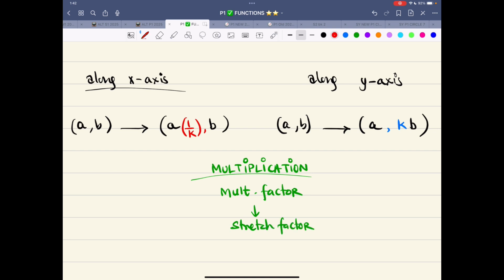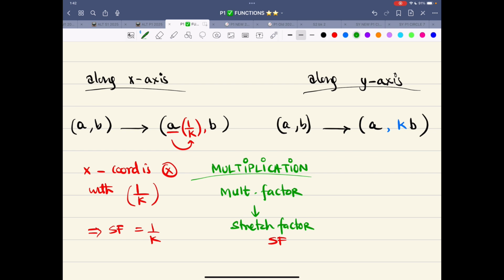In this case, the x coordinate is multiplying with 1/k. Therefore, the stretch factor SF is 1/k. Over here, when the stretch is along y-axis, what will happen?